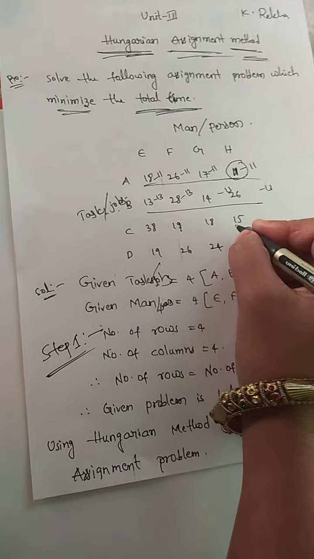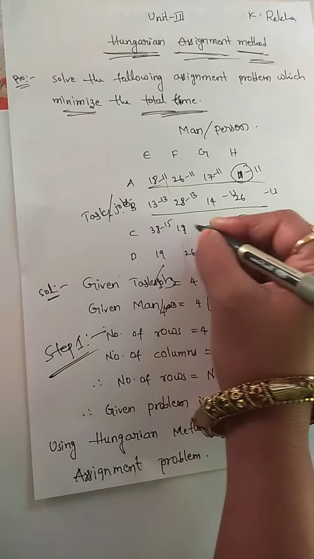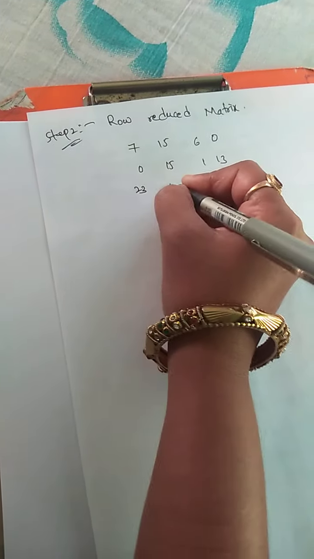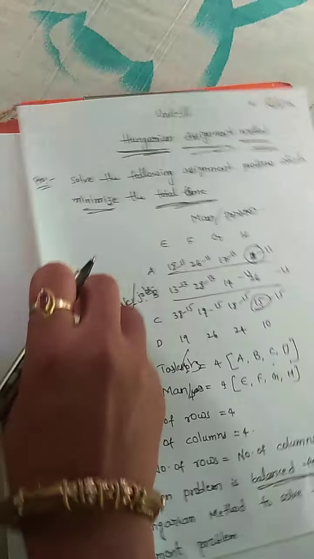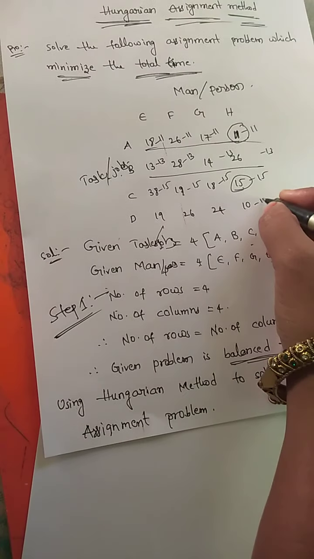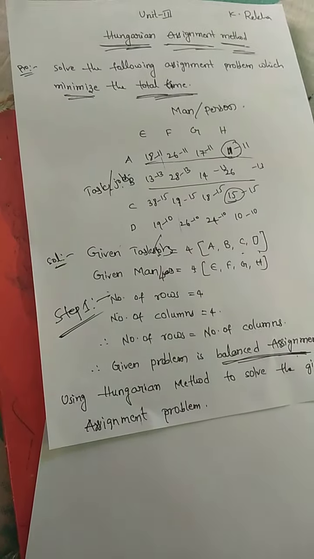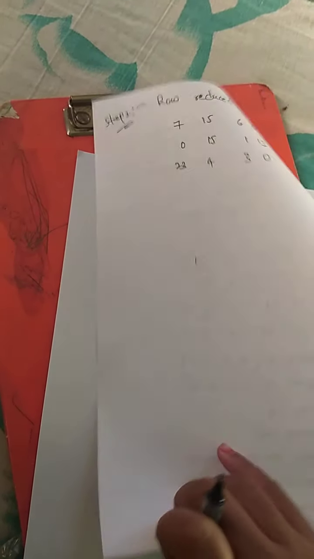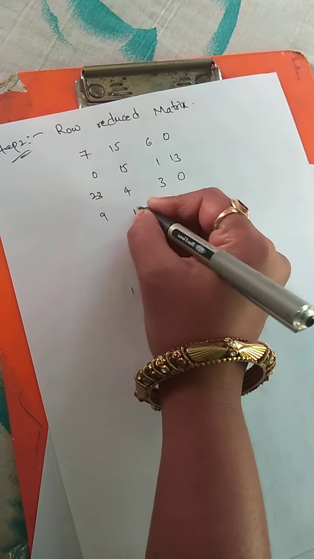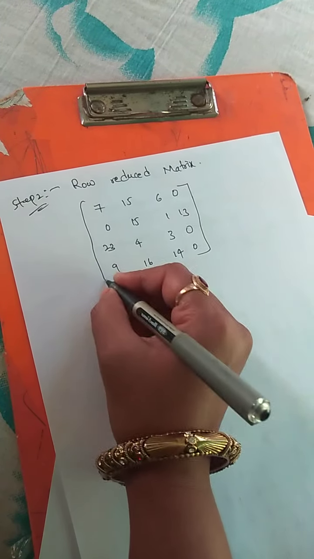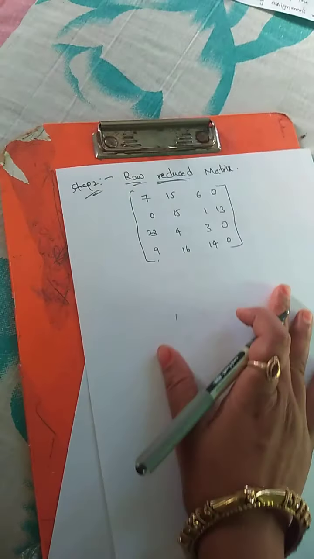Next, in this row the least value is 15, minus 15 from each. Next, the least value is 10. We have to subtract the entire row with 10. So we get 9, 16, 14, 0. This is the reduced row matrix.